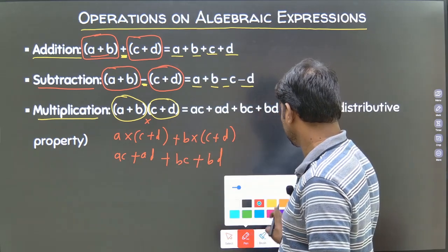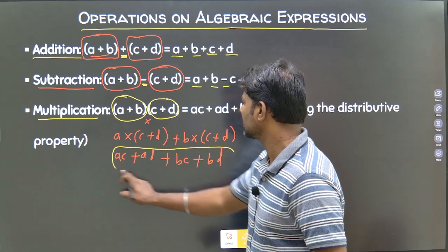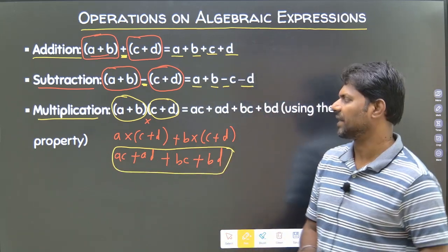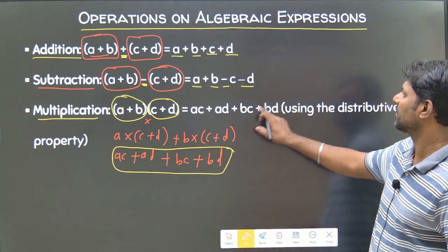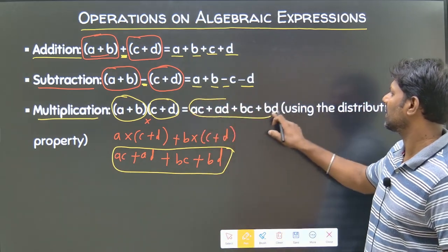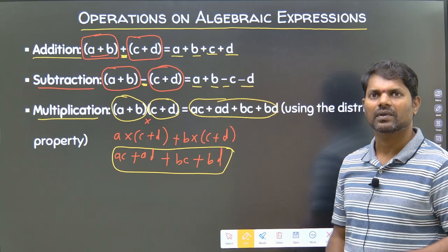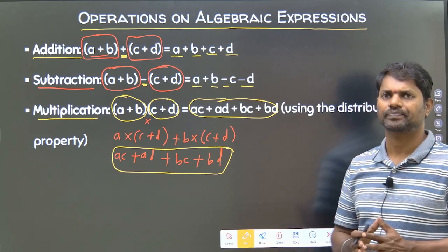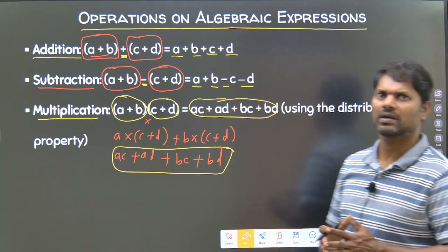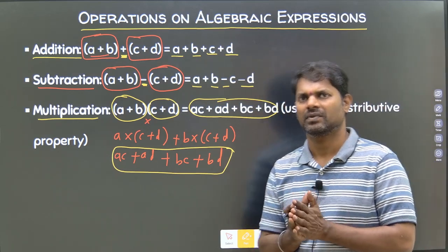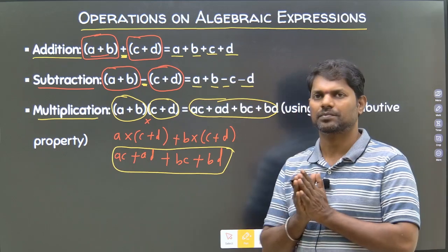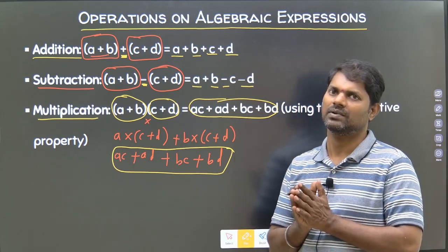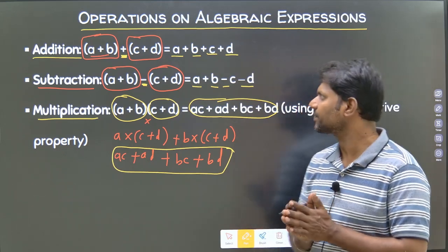So this is the final answer. This is the final answer of multiplication. So the same is given here, the same is given over here. Okay. So this is how we can perform addition of algebraic expressions, subtraction of algebraic expressions, and multiplication of algebraic expressions.